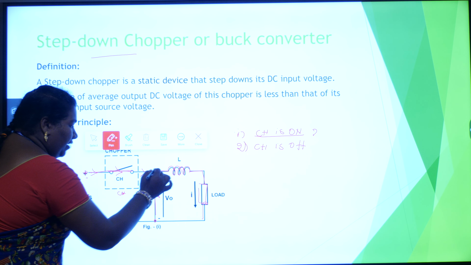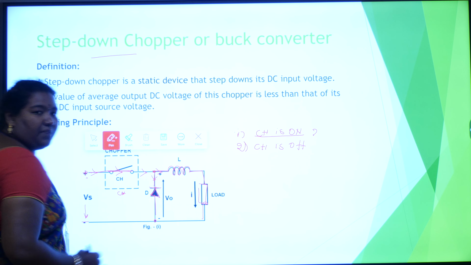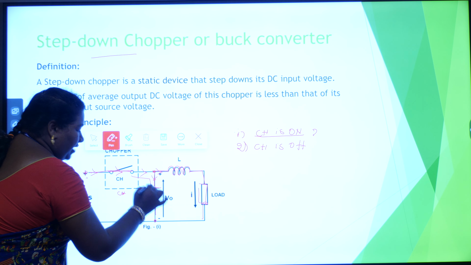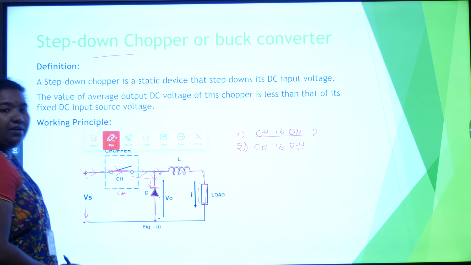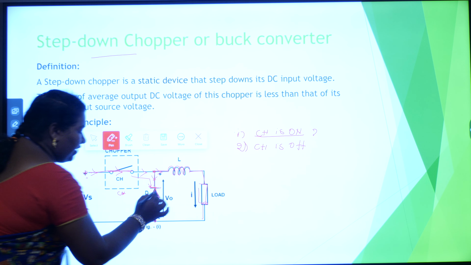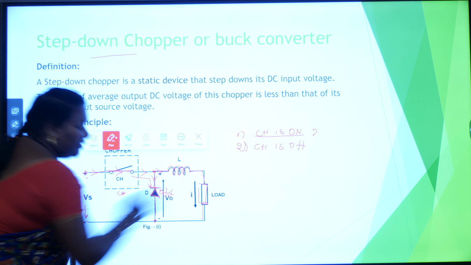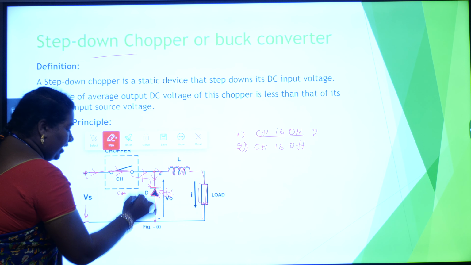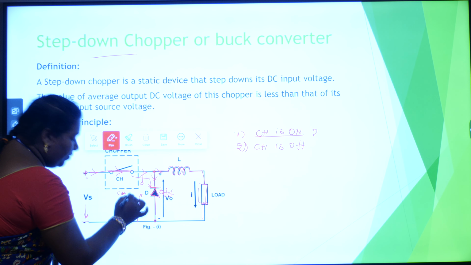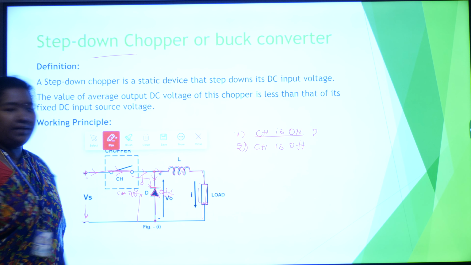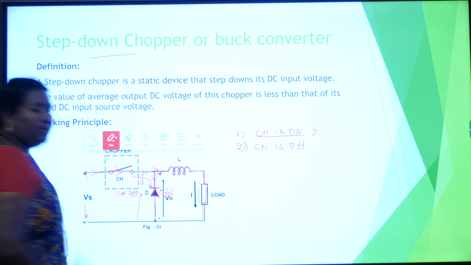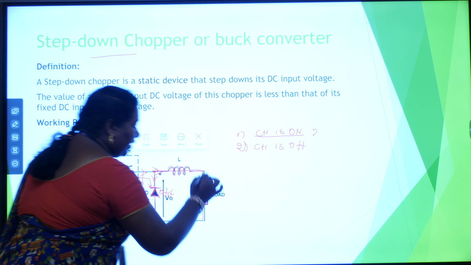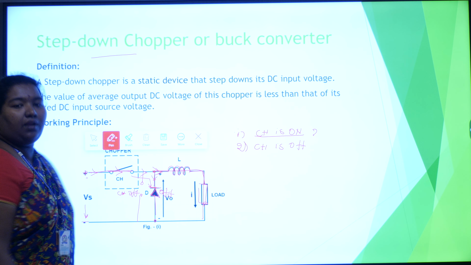Since the negative terminal is there, the freewheeling diode is in off state. The total current flows through the inductor and later goes through the load.